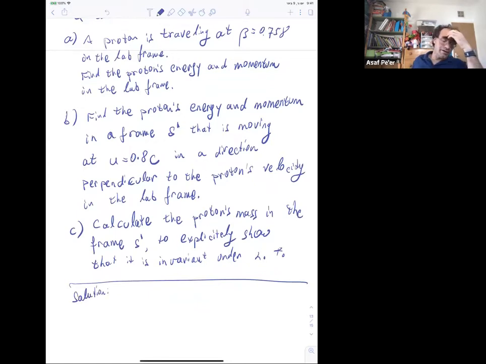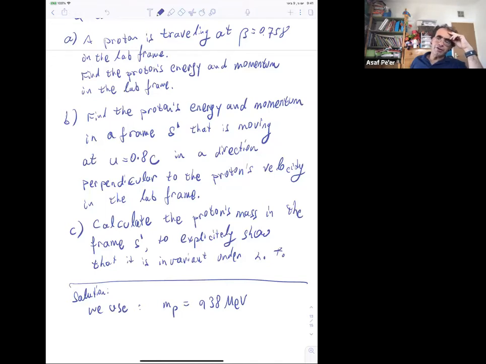We're going to use the known rest mass of the proton. You can find it on Google, but a good place to look is the Particle Data Group, PDG, and I'll send you the details. The mass of the proton is 938 MeV. It's nearly 1 GeV, not a coincidence, of course.